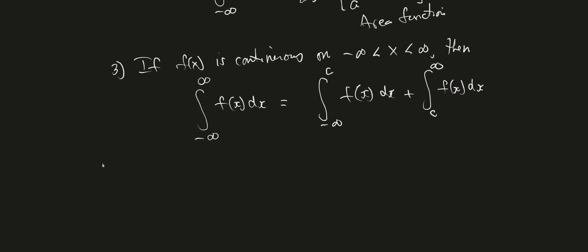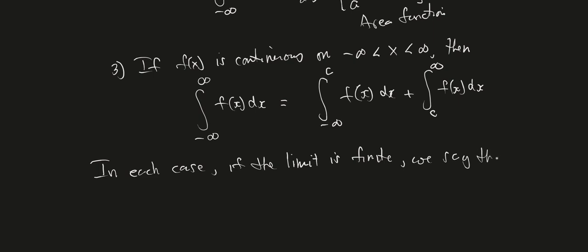So here is some terminology. In each case, if the limit that we are going to compute is finite, in other words, we get a number out of this, we say that the improper integral converges, right?